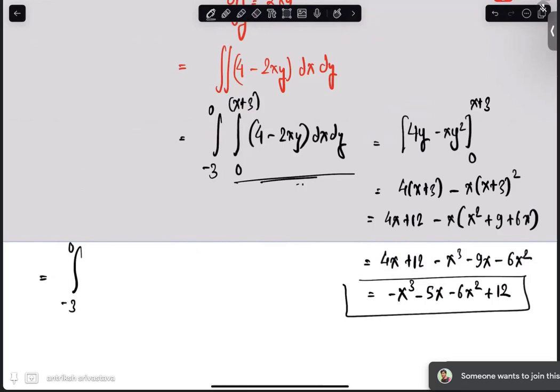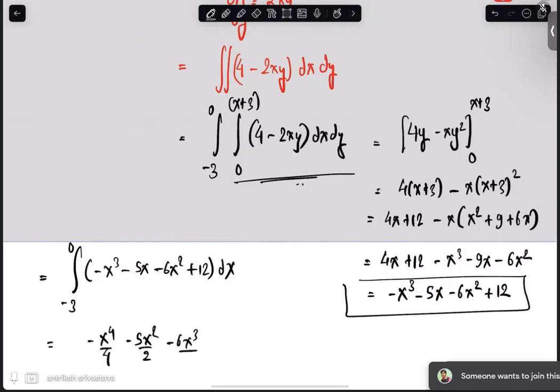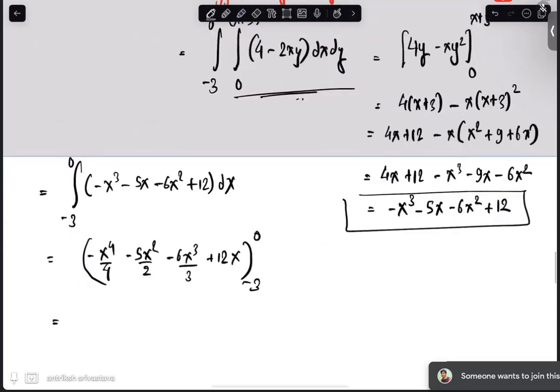Can I integrate it? I can easily integrate this over the given limit. So minus x4 by 4 minus 5x square by 2 minus 6x cube by 3 plus 12x, from minus 3 to 0. And when I put the values, first of all the value for 0 is going to be 0.